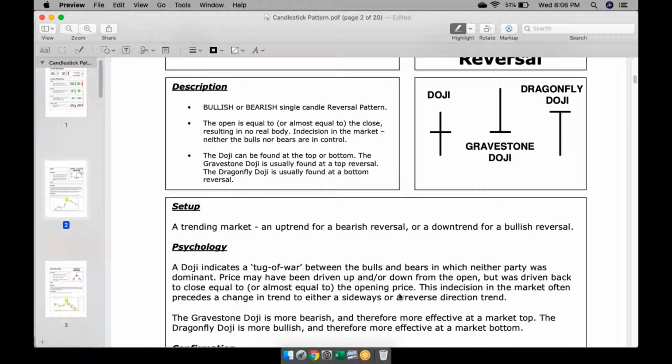Price rejection can happen in top and also in bottom. Okay. Even if you see these candlesticks even 100 times or even 1,000 times, you will not remember.